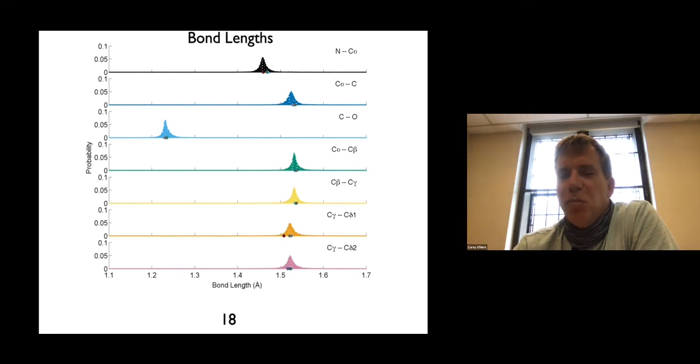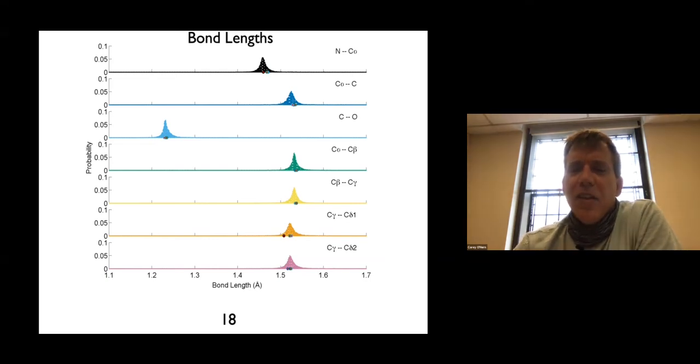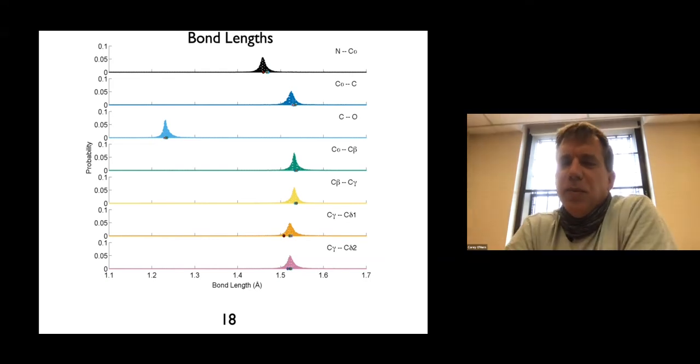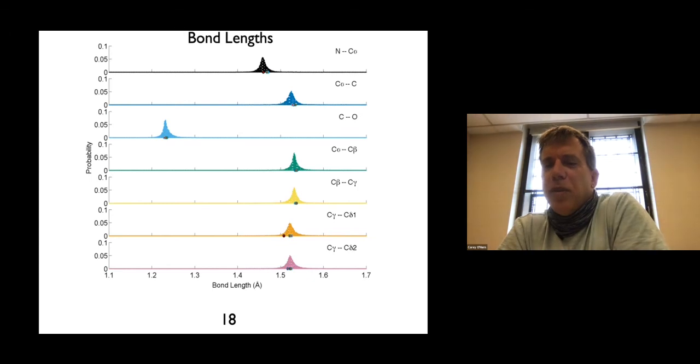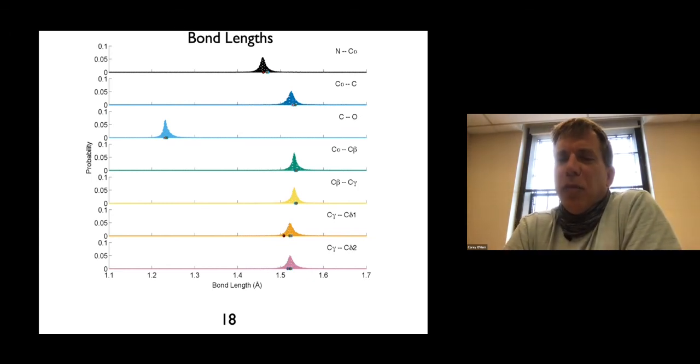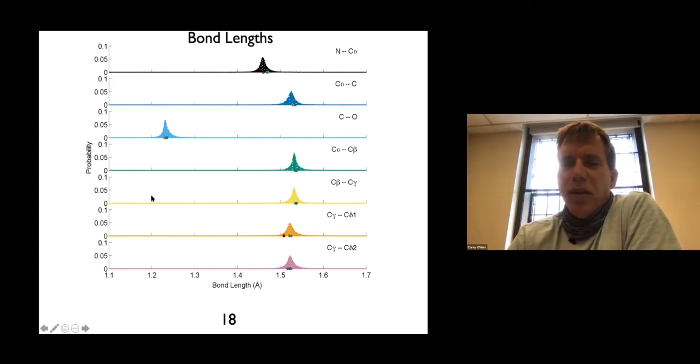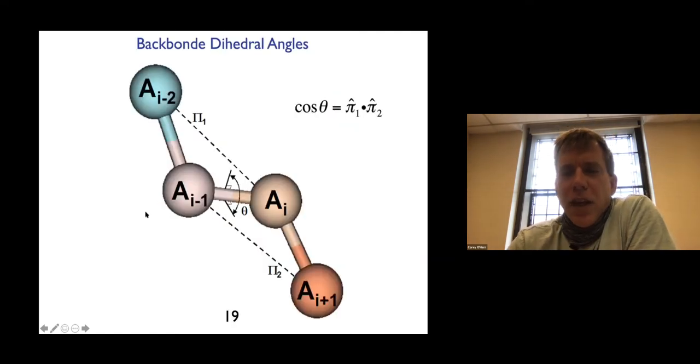They typically vary by only 0.1 or 0.2 angstroms, and for all intents and purposes, for most models, they are fixed at the average value. Again, we say that these degrees of freedom are fixed by the nature of covalent bonds and protein stereochemistry. The things that aren't fixed are what are called dihedral angles.